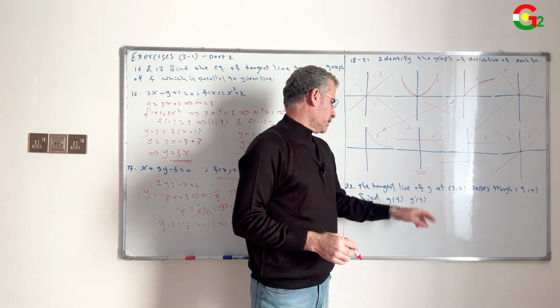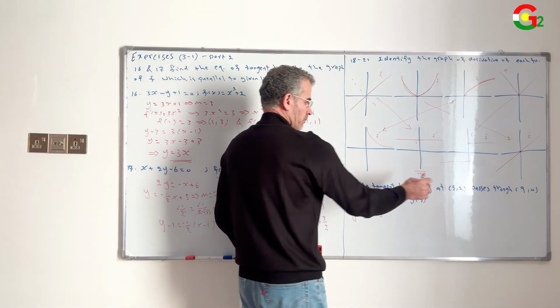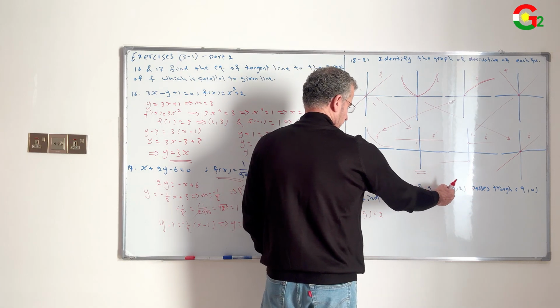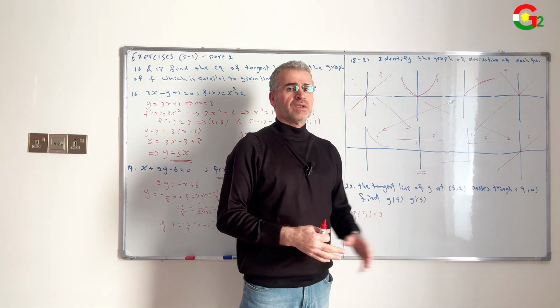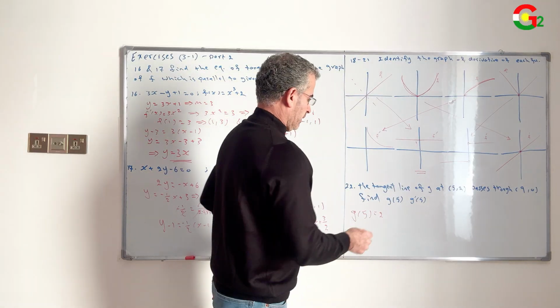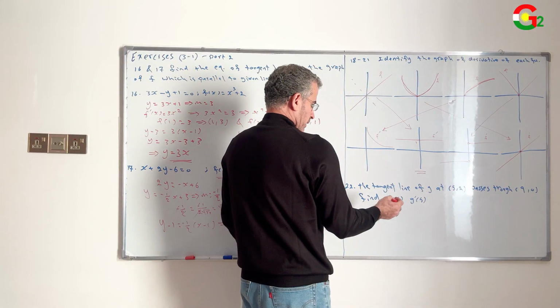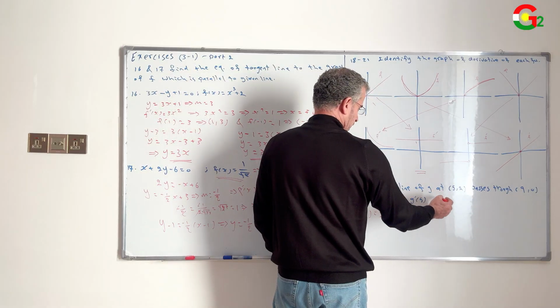To find g'(5), we must find the equation of the line and find the slope. The slope of the function at the point of tangency equals the slope of the line. We have 2 points and we can find the equation of the tangent line.